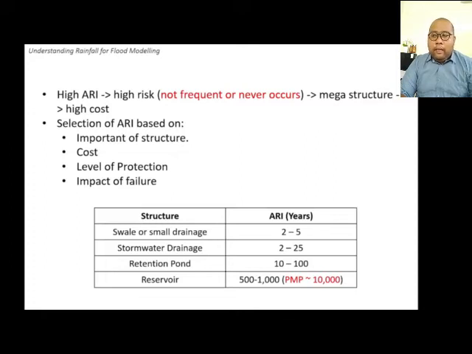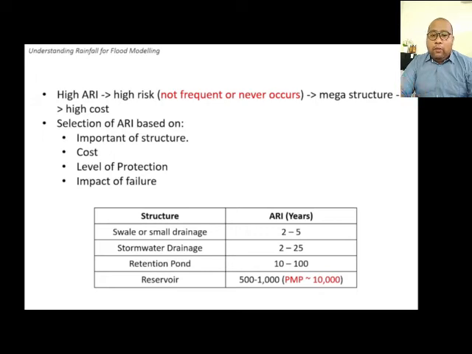Normally their level of protection of the structure is up, the ARI quite high. Okay, and then for the retention pond, retention pond tu something like detention pond yang simpan air bila masa hujan.